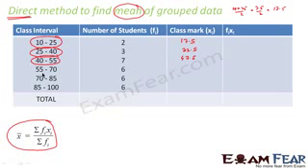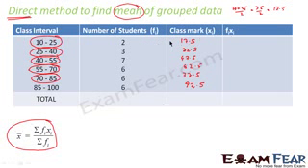This one is 55 plus 70 by 2, that comes out to be 62.5. 70 plus 85 by 2, that is 77.5. 85 plus 100 by 2, that is 92.5. So we have all the values of xi.